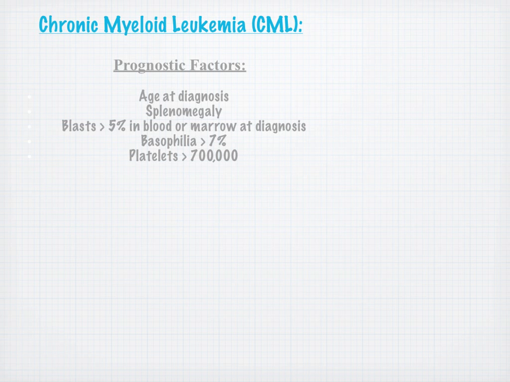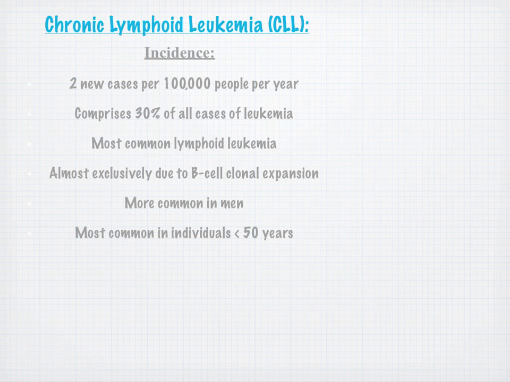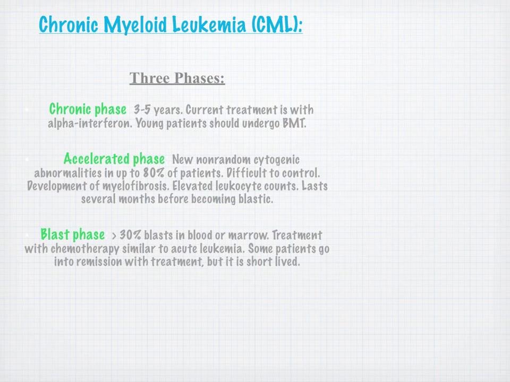All right, so now we just went from chronic myelogenous leukemia to chronic lymphocytic leukemia. Why didn't I put dividers between those? So the incidence is what you see on the screen, and it comprises 30% of all cases of leukemia, and it's the most common lymphoid leukemia, almost exclusively due to B-cell clonal expansion, more common in men again, and most common in individuals less than 50, which we can contrast to our previous one that was greater than 65, I think.